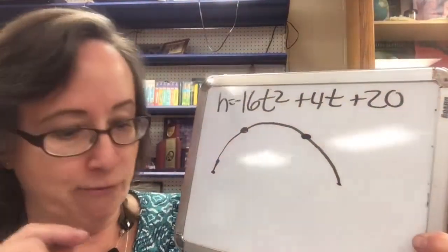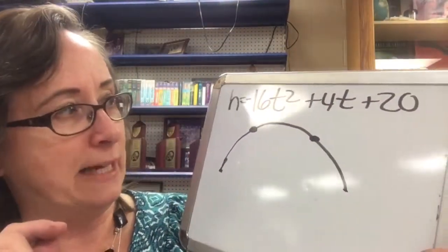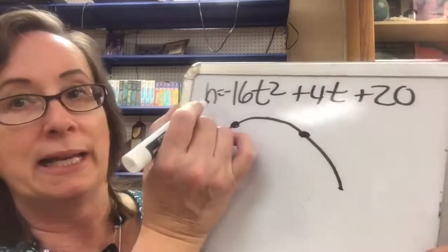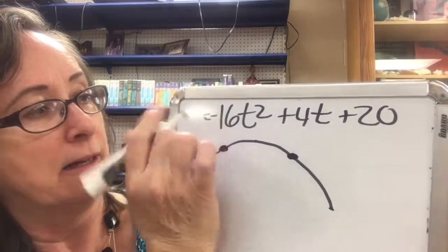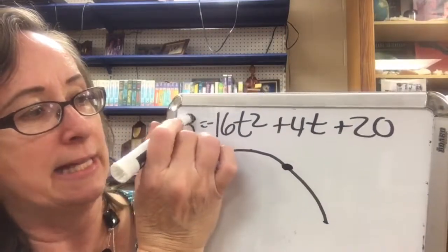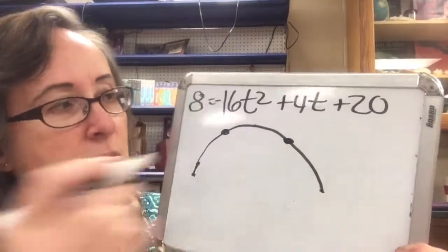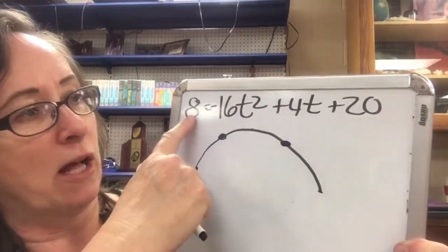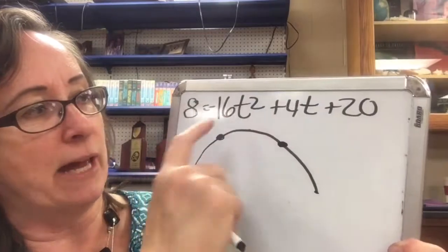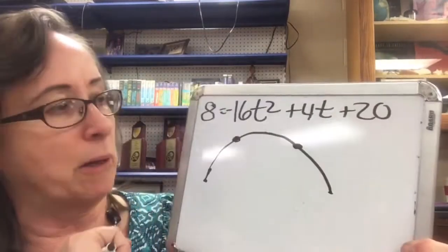So I'm looking for a height of 8 feet. So I'm going to put h is 8. Okay, h is 8, and I'm going to solve this parabola. Okay, so first of all, since it's quadratic, I need everything on one side with a 0 on the other.